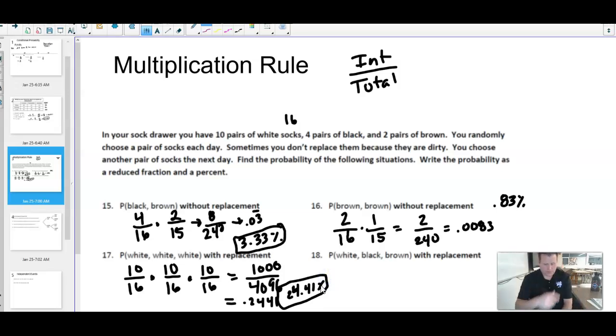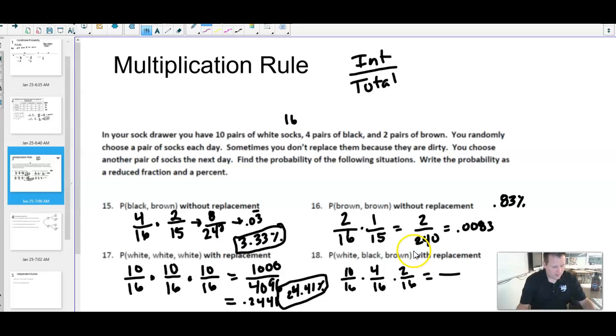Okay, so if I look at this next one, it's a white, then followed by a black, and then a brown with replacement, so it's resetting. So I'm still going to start with 10 out of 16. Then the black is going to be 4 out of 16. And then brown is going to be 2 out of 16. Again, because it's resetting every single time. Hopefully you guys are seeing that this is pretty self-explanatory.